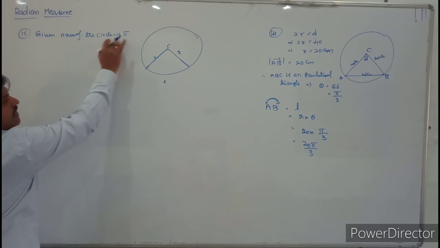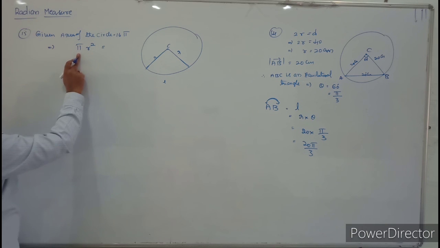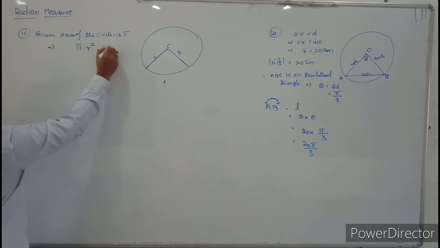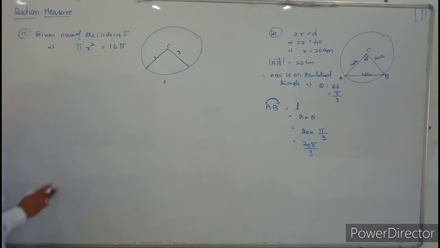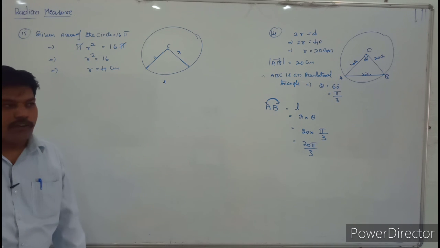The area of the circle formula is pi r square, that is equal to 16 pi. So here you can cancel pi and pi. That implies r square is equal to 16, so r is equal to 4 centimeters. You already found the radius of the circle.